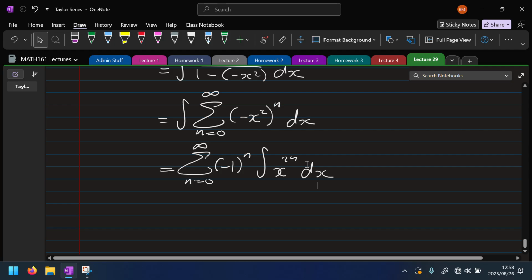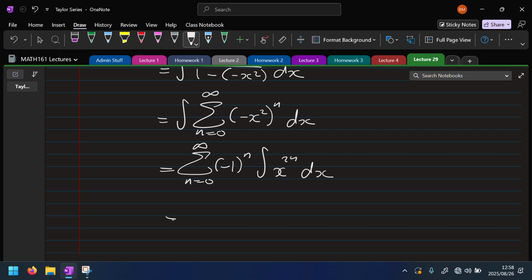Add 1 to the exponent and divide. So this will be the sum, n goes from 0 to infinity, minus 1 to the n. So the new exponent will be 2n plus 1. And we'll have x to the 2n plus 1. Yeah, and that's it.